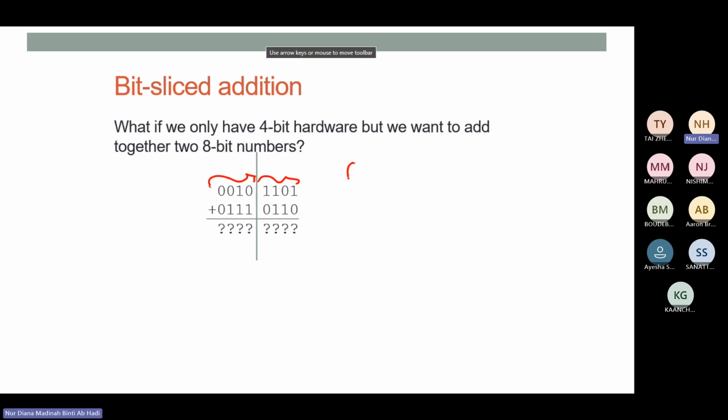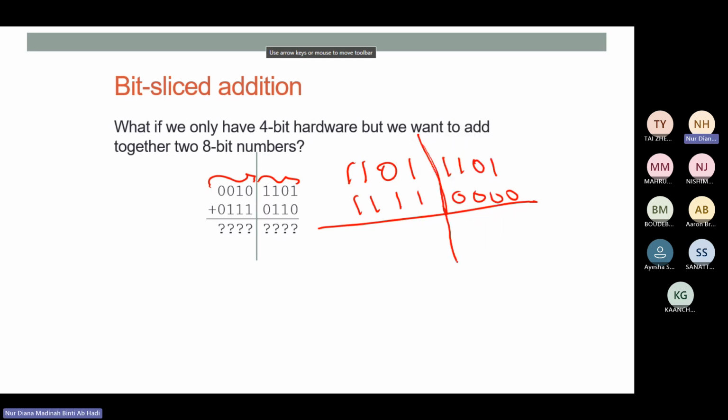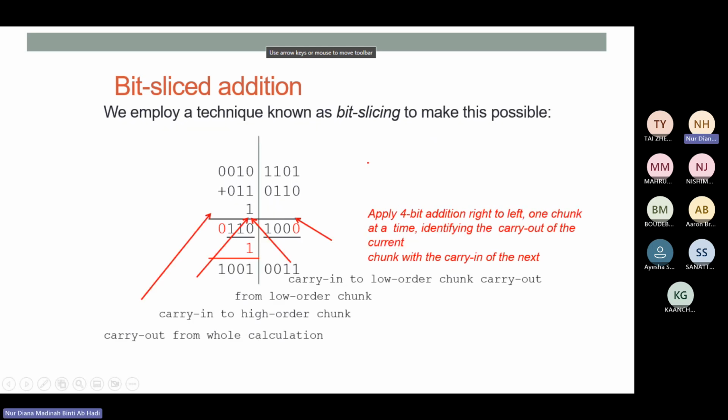For example, we have 11011101 and we want to add 11110000. Is it possible for us to add directly? No, because our hardware only allows us to do 4-bit. That's why they provide the solution, which is we slice the bits into two parts, 4-bit and 4-bit.